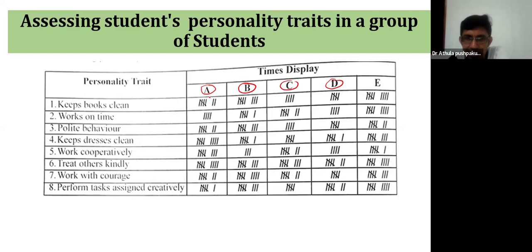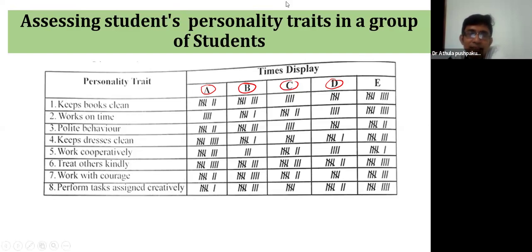That means we can assess students' personality in a group also. When we are assessing, we can identify separate students, and afterwards get the summation of all the students and compare it with the other group. This is the example for assessing students' personality traits in a group of students. How about, can you understand?